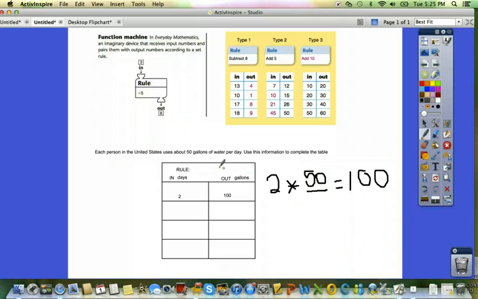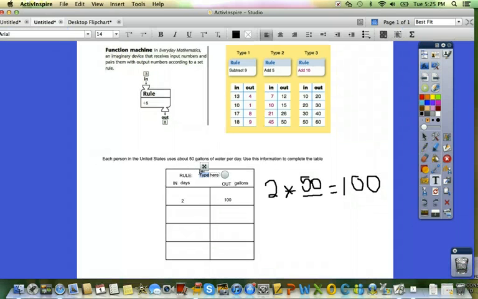So I know that my rule is going to be times 50. That's my function machine. So I know that my new rule is going to be times 50. And I'm just putting an X there to remind myself that I'm using the multiplication button whenever I am trying to figure this out.